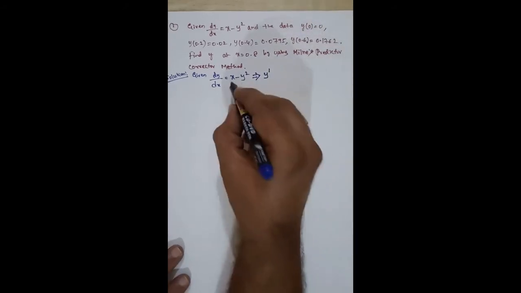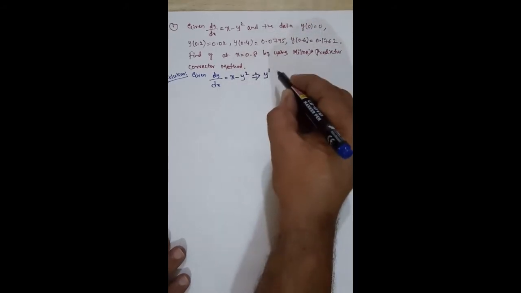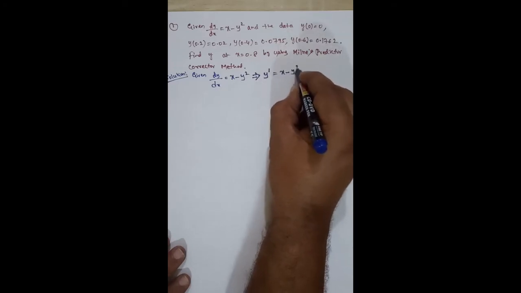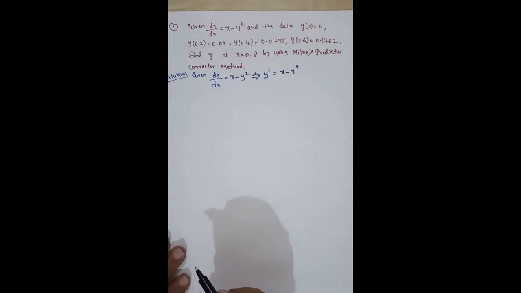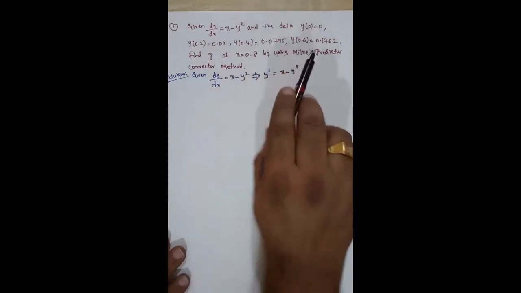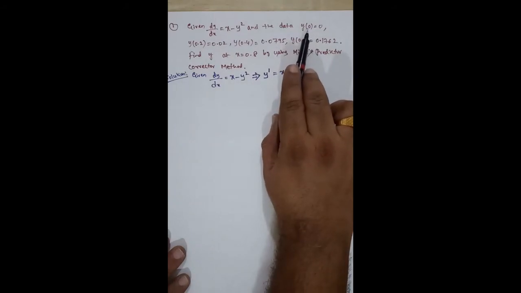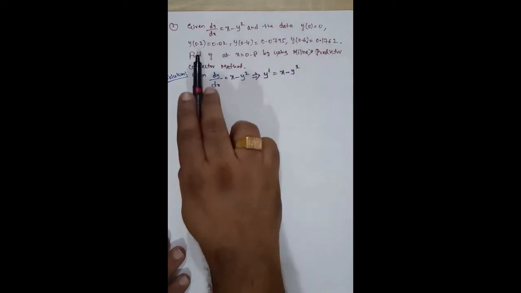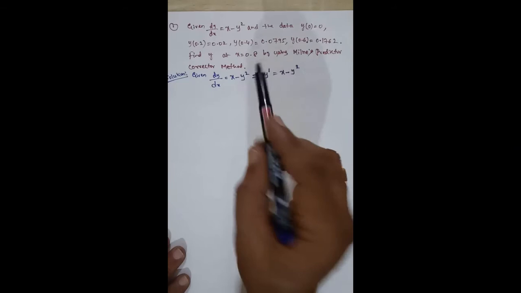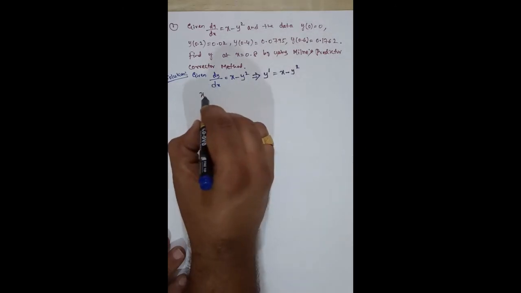So this expression can be rewritten as y dash is equal to x minus y square. And the data given here is, see the values of x, the left hand side indicates the values of x here. This is x0, x1, x2, x3. So let us make a list of them.